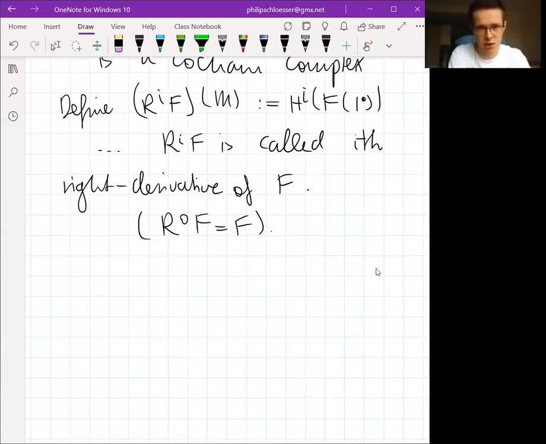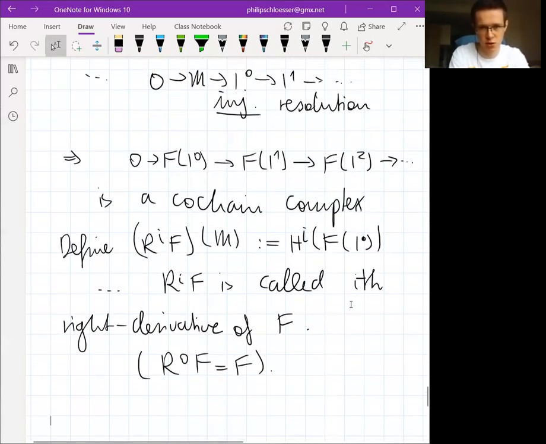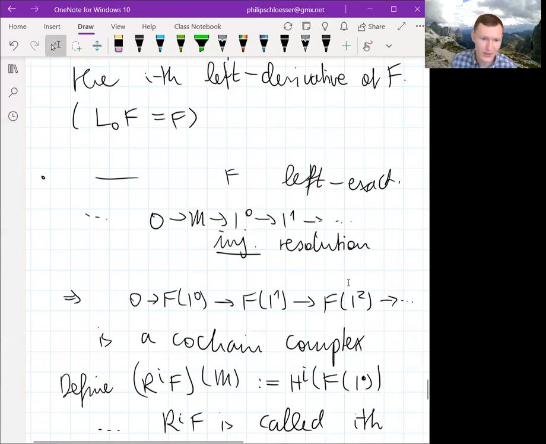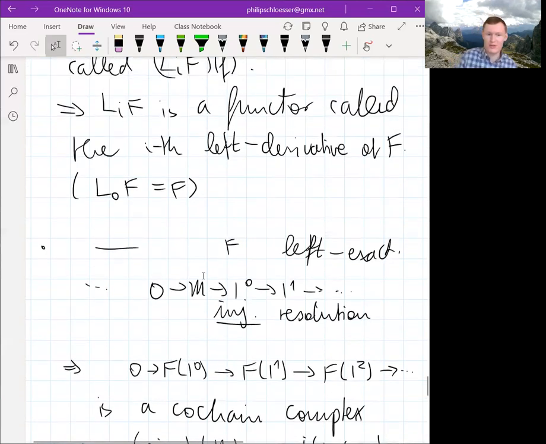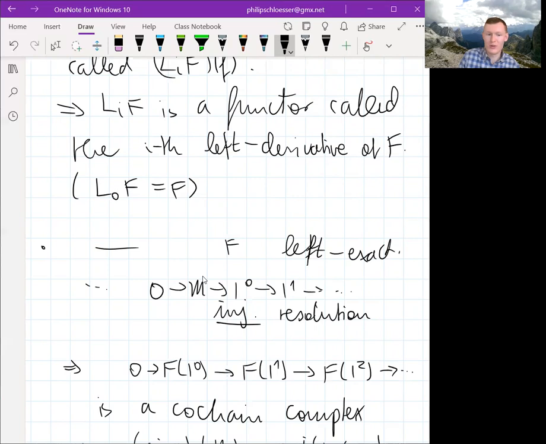What exactly does R^i F do on the morphisms again? Okay, you have a morphism on modules, and this one lifts to a morphism of cochain complexes, because it's an injective resolution, and injectivity sort of implies that we can do that.